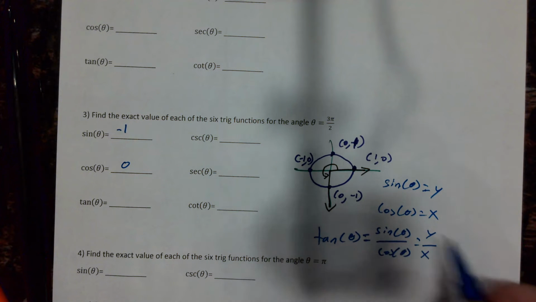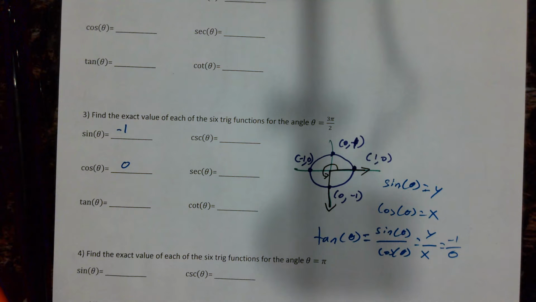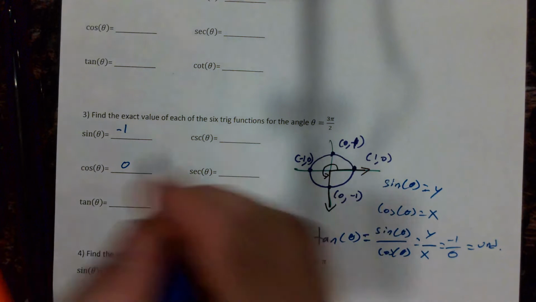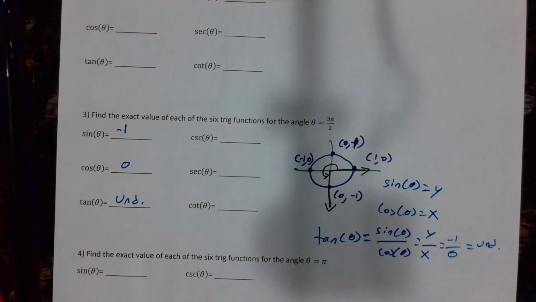So this is just going to be negative 1 over 0. So tangent of theta is negative 1 over 0. But here's the thing, you can't divide by 0. We get undefined. So tangent of 3 pi over 2 is actually undefined. And as we saw in our graphs, tangent here would have a vertical asymptote. And that's what the undefined tells us.